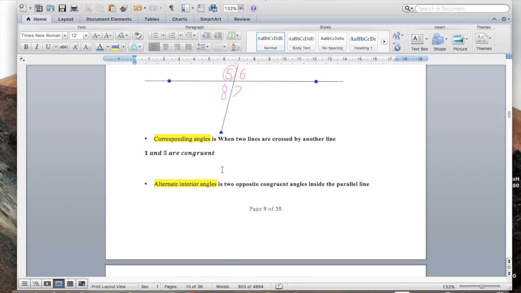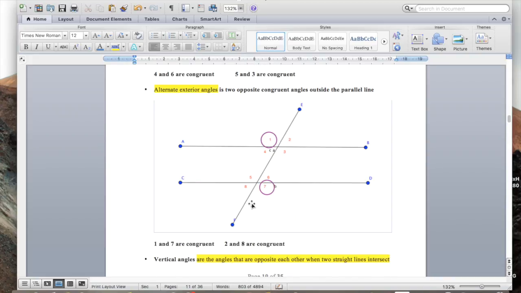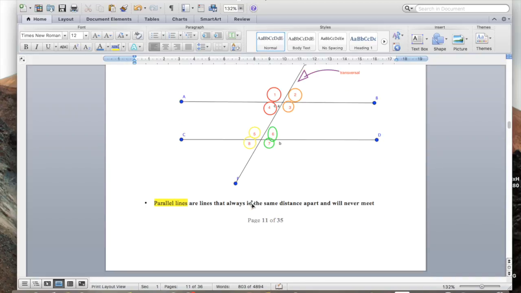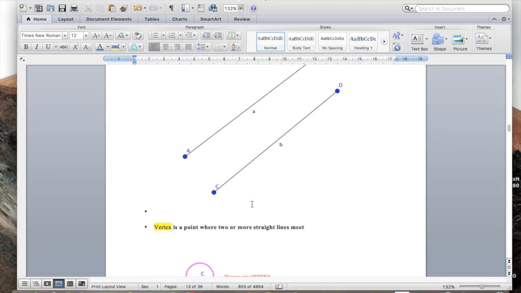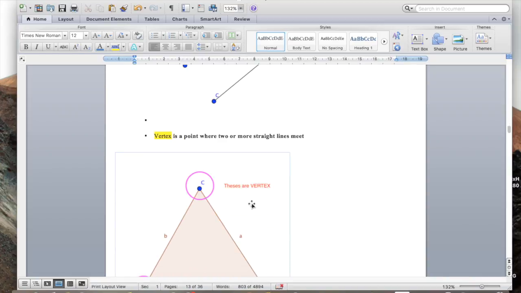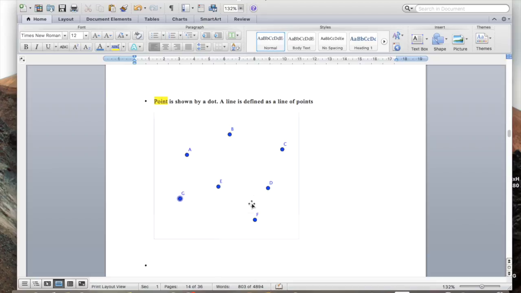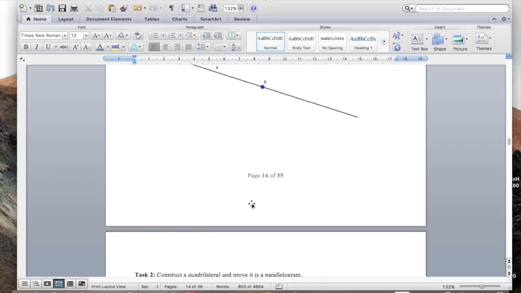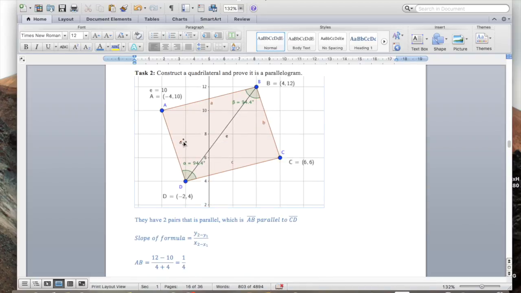This is for every single picture. And this is task 2.